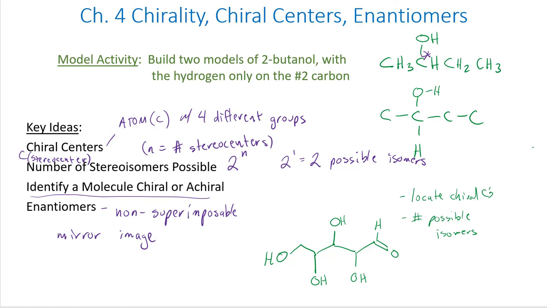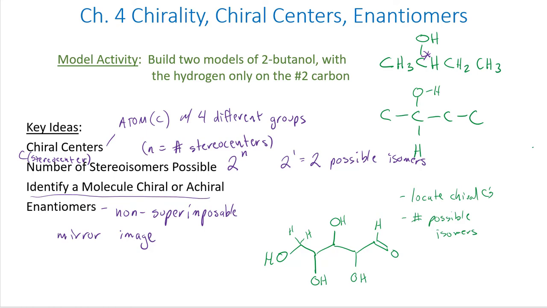So we can automatically rule out any carbon like this CH2 group at the end that has 2 hydrogens, because if you have 2 of the same thing and you only have 4 things, you can't have 4 different things. We can also rule out the oxygens, which only have 2 things attached. And lastly, we can rule out this trigonal planar carbon that has the double bond because it only has 3 groups also, which means you can't have 4 different ones.